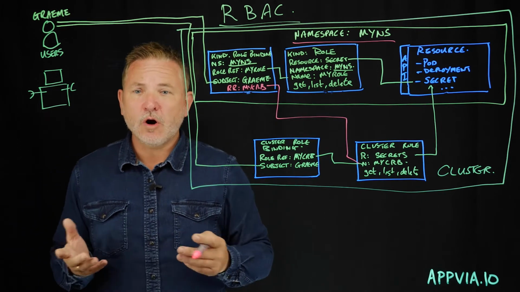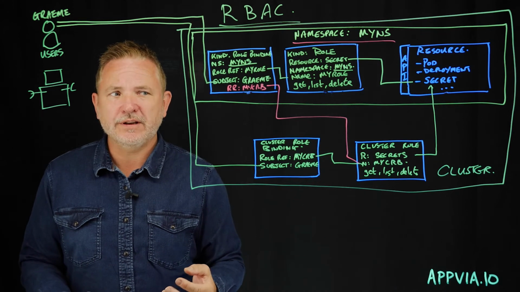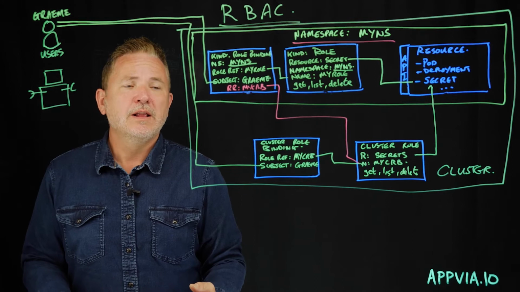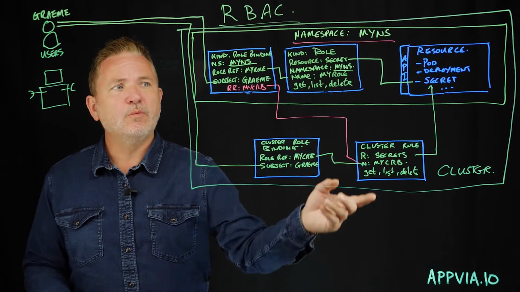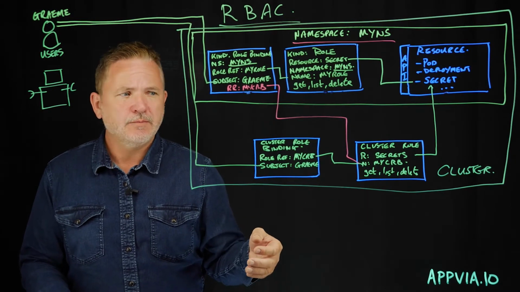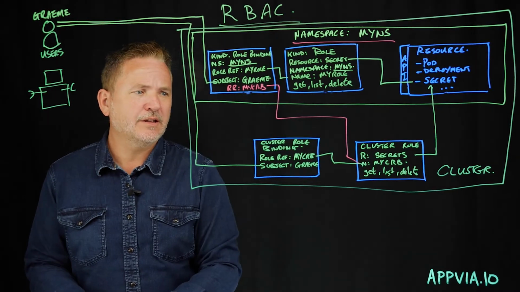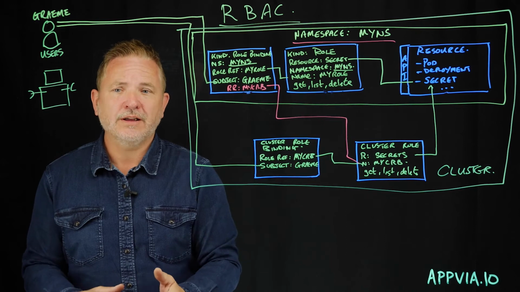So that was basically role-based access control. There's a few other things that you probably need to think about when creating role-based access control. One of the things is making sure that we've got all of our role-based access control configured correctly. Because we can see here that Graham's got access to getting, listing and deleting secrets across the cluster.